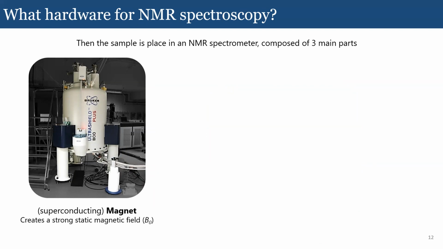So going back to the actual NMR spectrometer. Like I said, the first part, usually what people see first when they enter the room, is the magnet. And in fact, it's usually a superconducting magnet because you need to be able to produce a strong and homogeneous magnetic field.